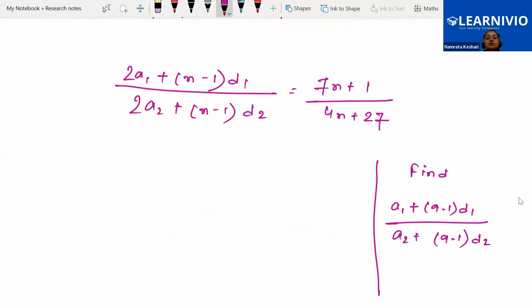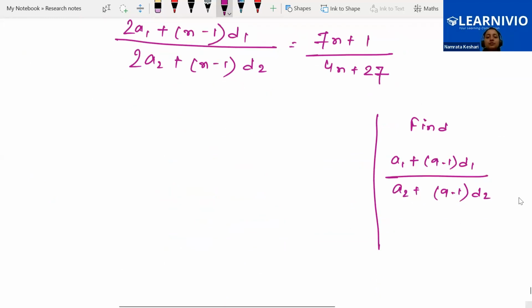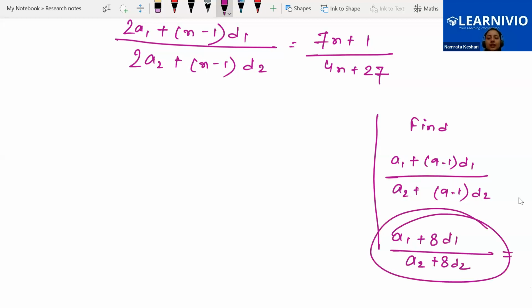So we have to find A1 plus 8 D1 and A2 plus 8 D2, maybe in terms of n or whatever.